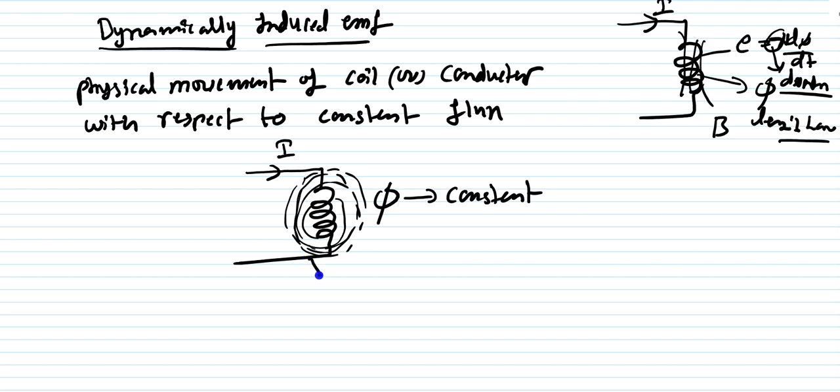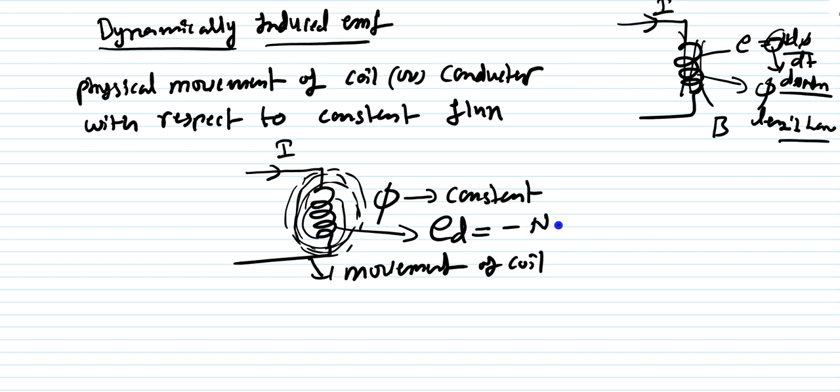We have to give movement to the coil. It means my coil is moving something like this or something like this, but my flux is constant. Therefore there is a relative speed between the flux and this coil, therefore the EMF is induced, and that is called the dynamically induced EMF.